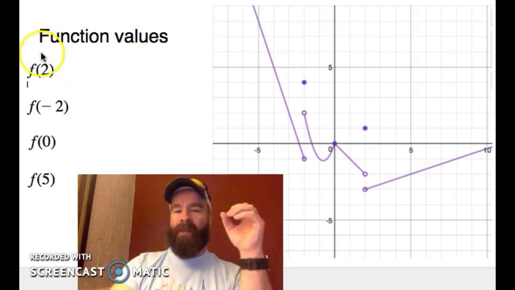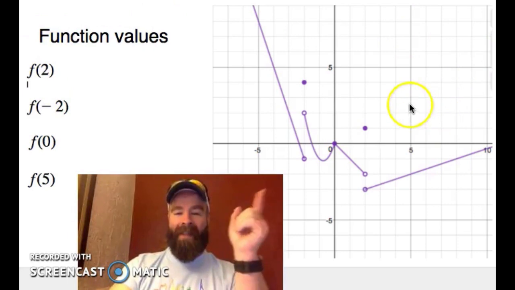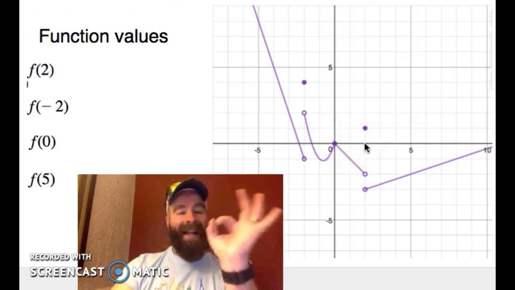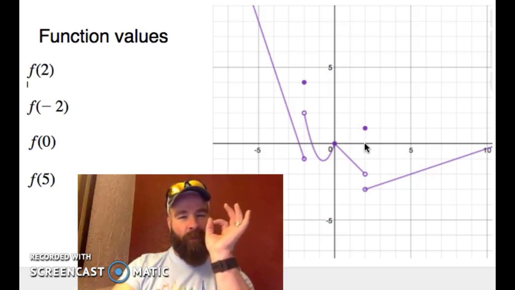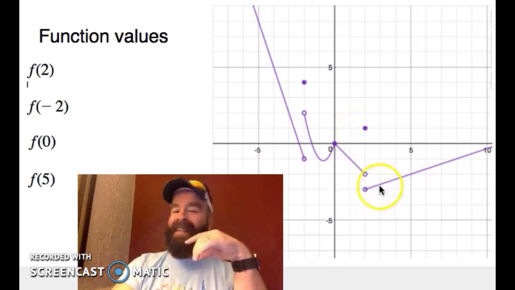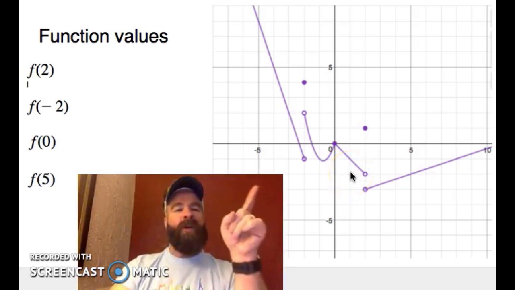So if I'm looking at something like f of 2, I look at the graph where x equals 2. Notice the actual point that has an x value of 2 is right here. So that means f of 2 would be 1. This stuff down here is irrelevant. It doesn't matter at all when you're talking about a function value.